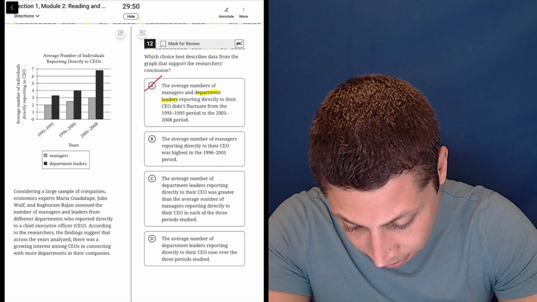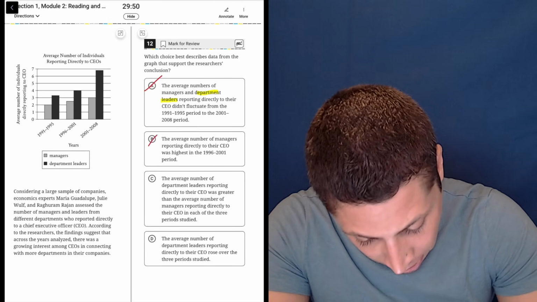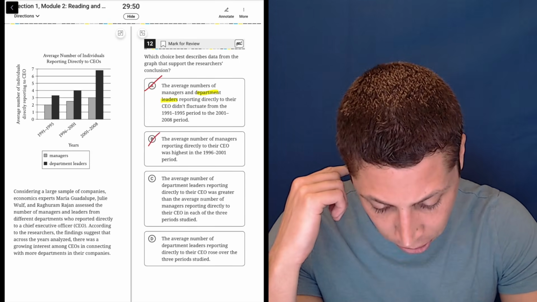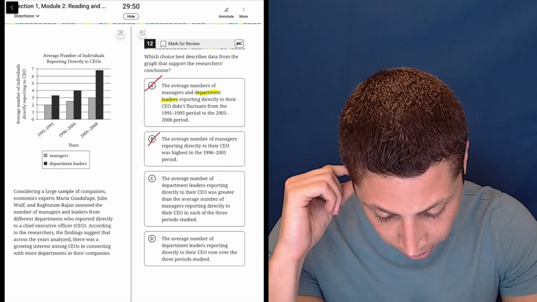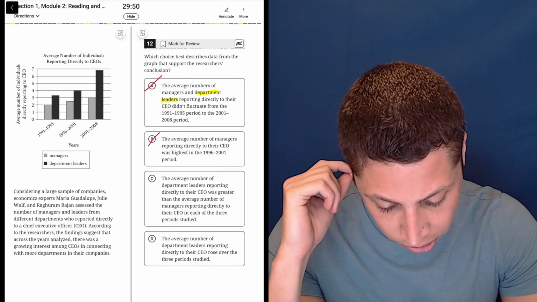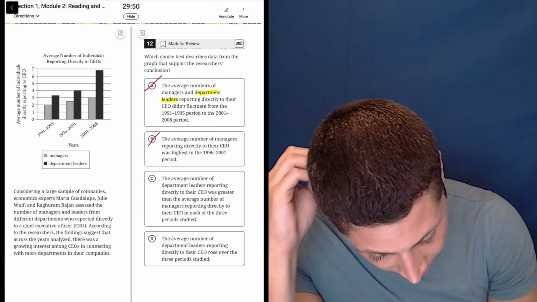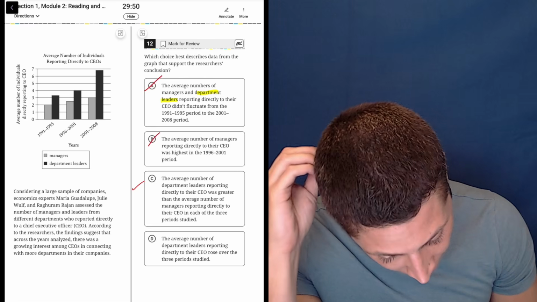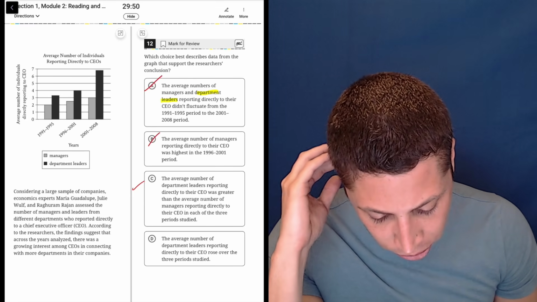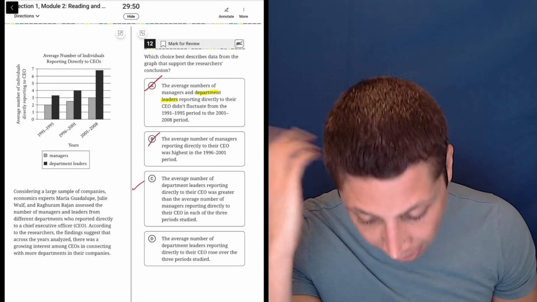No, it's higher in 2001 to 2008. The average number of department leaders reporting directly to their CEO was greater than the average number of managers reporting directly to their CEO in each of the three periods. So department leaders, yes, that's true. That's higher. So that seems right. The average number of department leaders reporting directly to their CEO rose over the three periods. Yes, that also seems true.